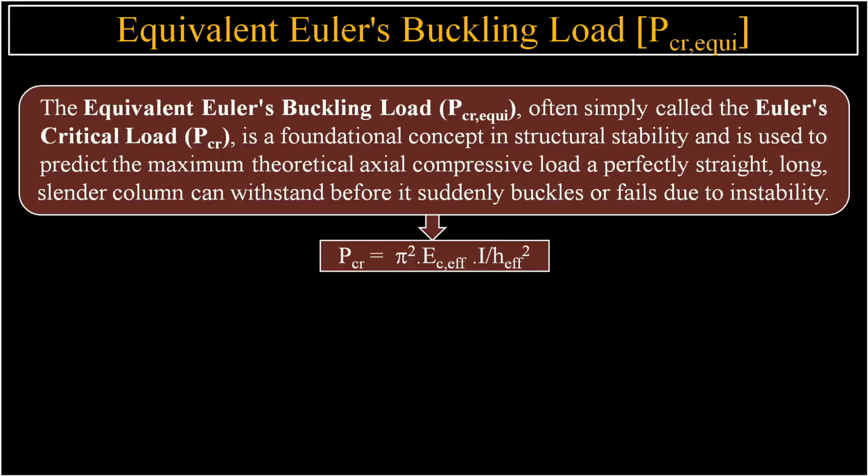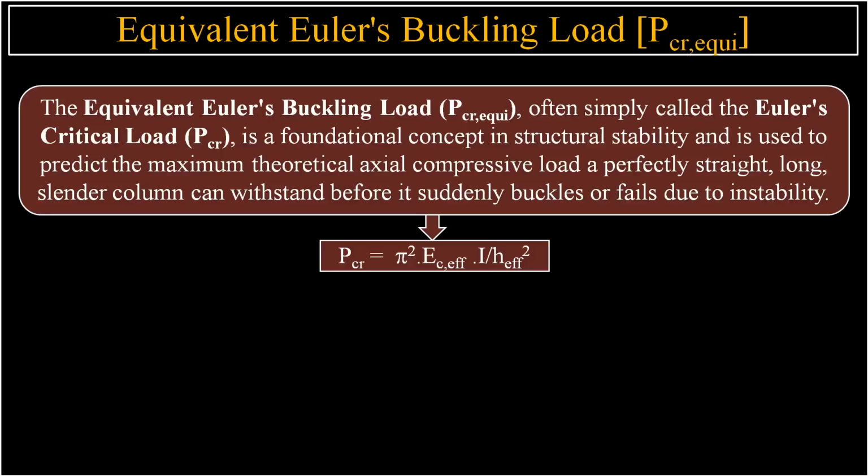The reason we call it equivalent is because Euler's original formula was for an ideal pinned column where K equals 1.0. The K factor, effective height factor, converts our real column with its actual end conditions and frame constraints into an equivalent pinned-ended column that would buckle under the same load.